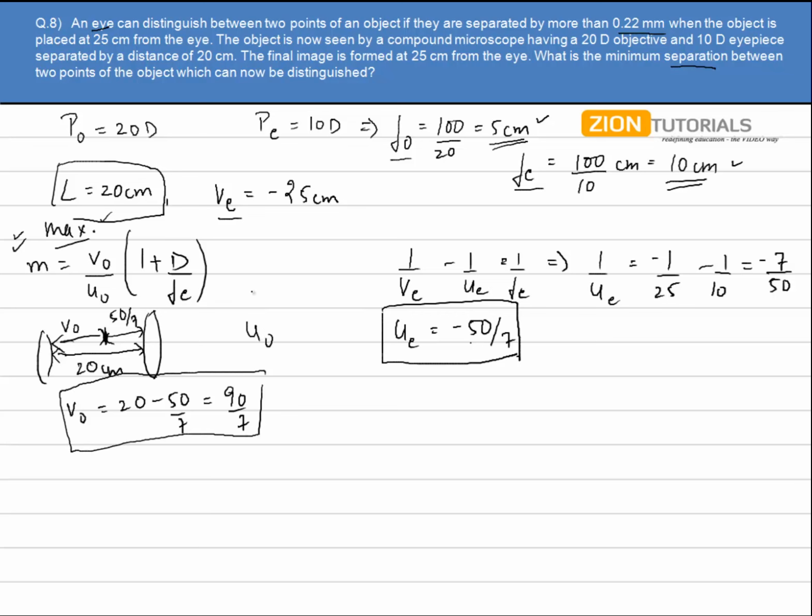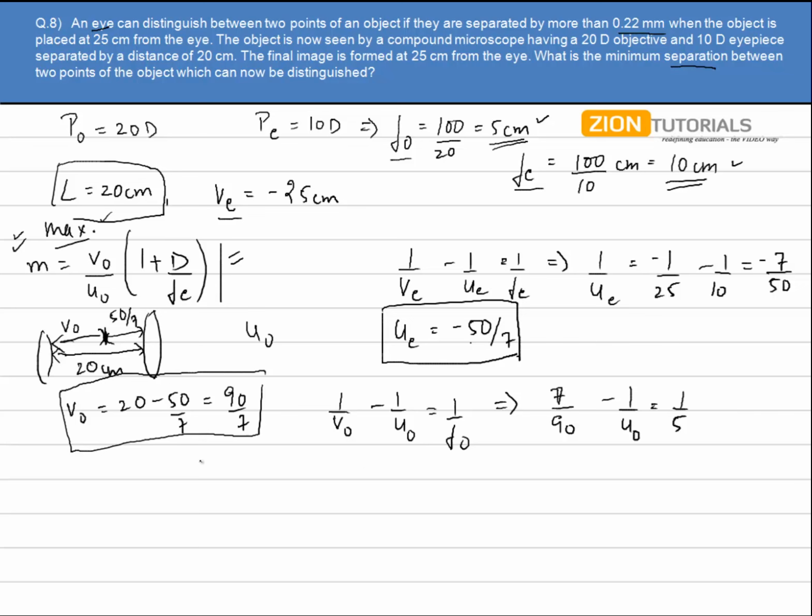Now I need UO, because for the magnification formula I need UO. So again, using the lens formula, 1 upon VO minus 1 upon UO is equal to 1 upon FO, because we know the FO. So that means 7 over 90 minus 1 upon UO would be equal to 1 upon 5.